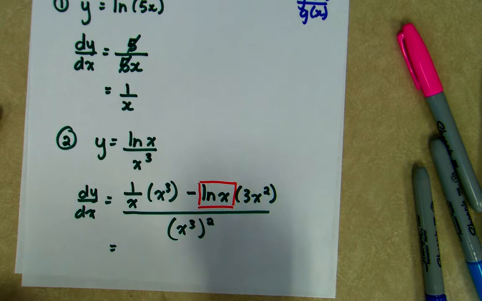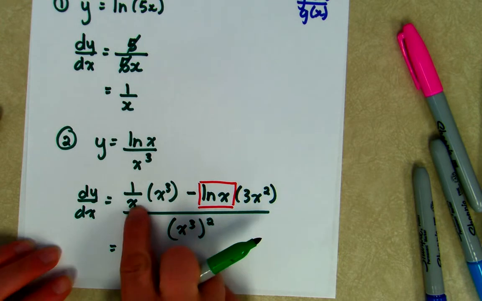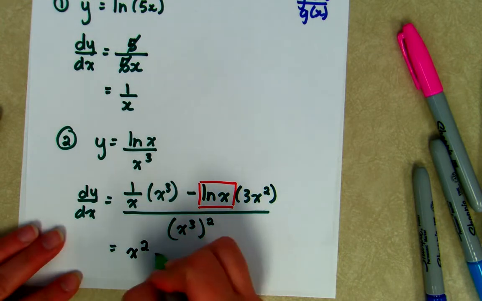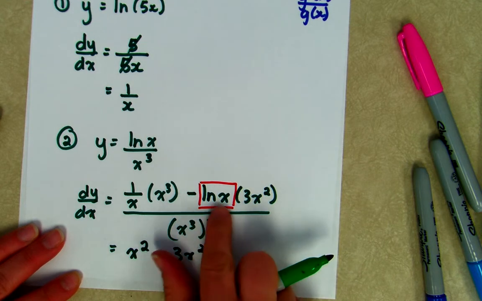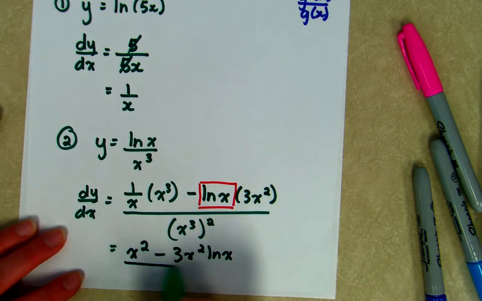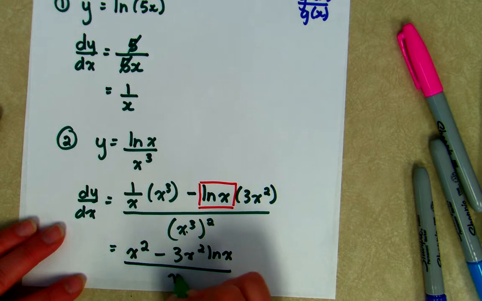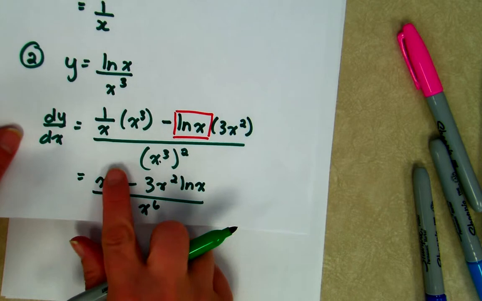But I can clean this up a little bit. x cubed divided by x is x squared. I'm going to bring the 3x squared in front, so I definitely keep it away from the ln x. x cubed squared is x to the 6. Now on top, I can factor out an x squared.